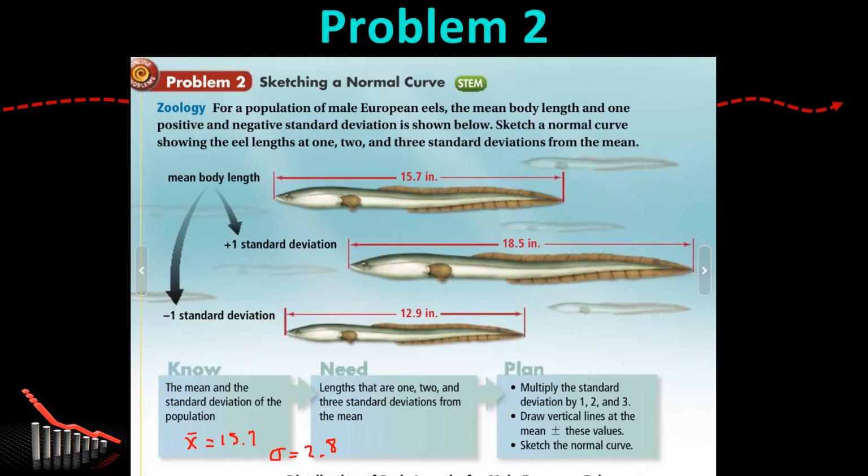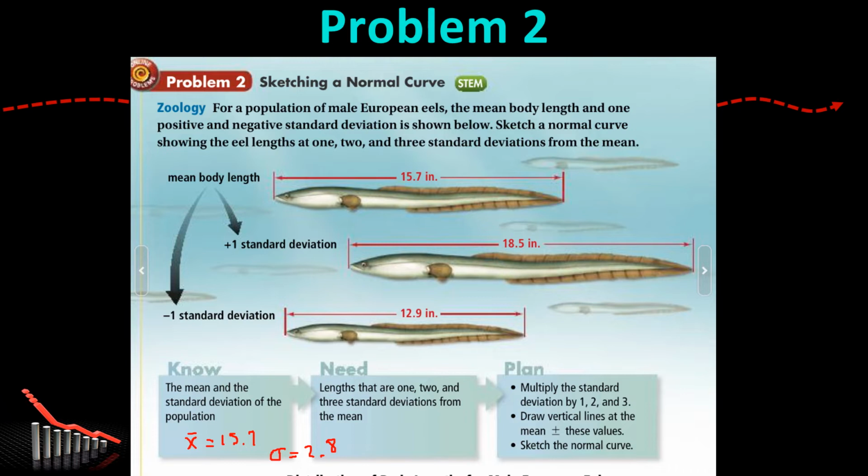Now, how do we sketch a normal curve? Problem 2 from your textbook asks us to sketch the normal curve for a population of male European eels. The mean body length is given as 15.7 inches.